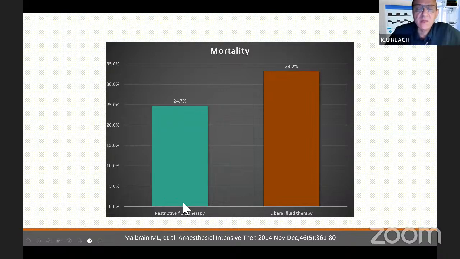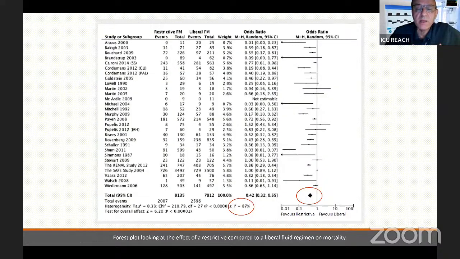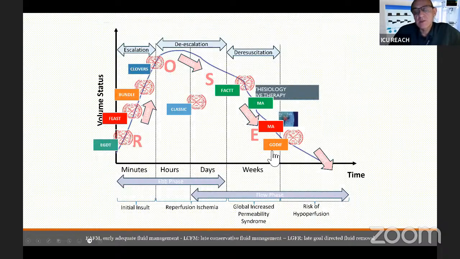But if you look at this meta-analysis, it included so many studies, observational studies, randomized control studies, and even case series. And the mortality is better with restrictive fluid. However, look at the heterogeneity, it's very high. I don't think we can actually infer much out of this study. So we needed a well-designed randomized control trial.